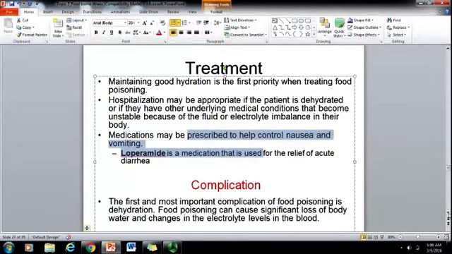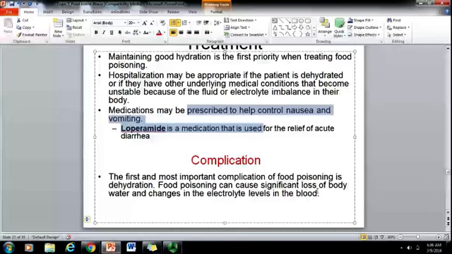The complication of foodborne illness is dehydration, so the aim of treatment is to keep your body hydrated. That is the serious complication. For those such as youngsters, the elderly, or immunocompromised patients, complications can lead to death.